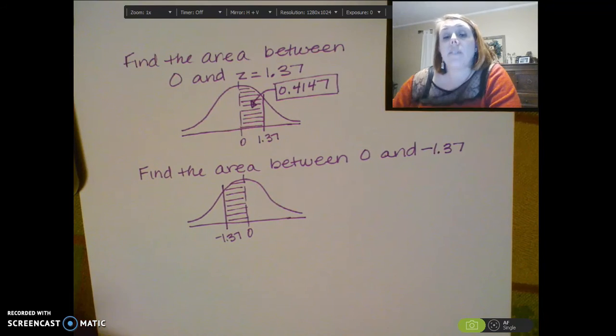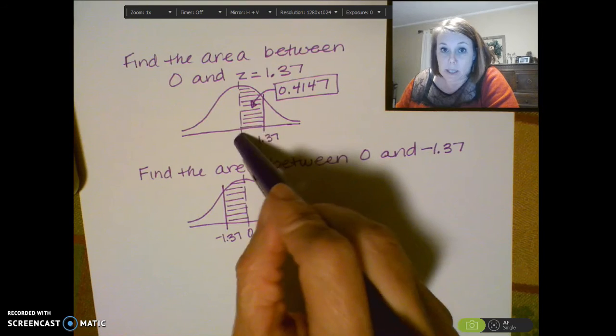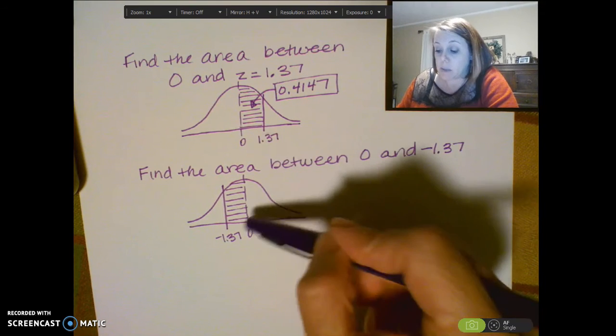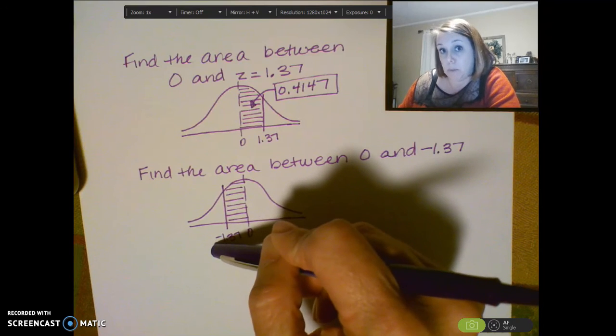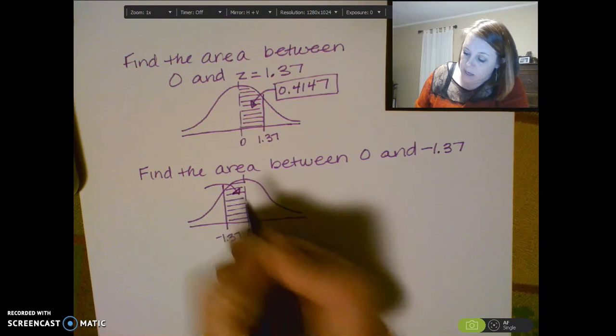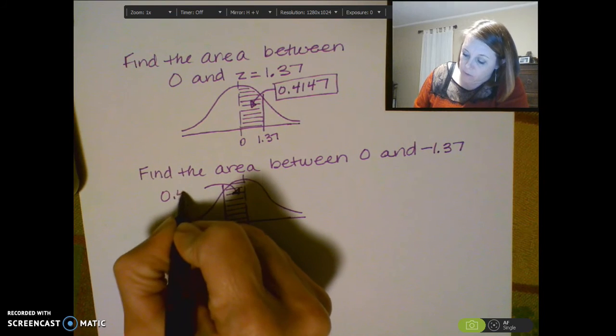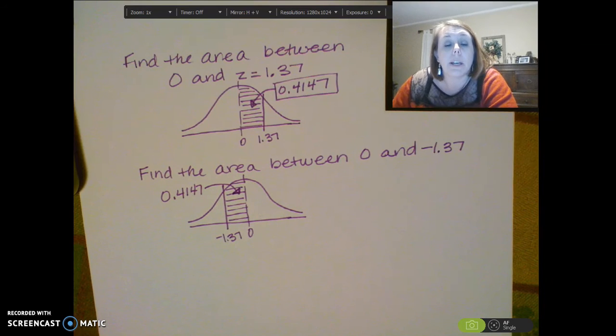But because the graph is symmetric about the mean, the area on the right side between 0 and 1.37 has to be the same as the area on the left side between 0 and negative 1.37. So the area in this case here is 0.4147. It is worth noting that we're talking about an area. Area is a positive number.